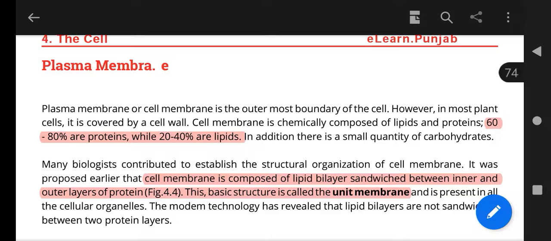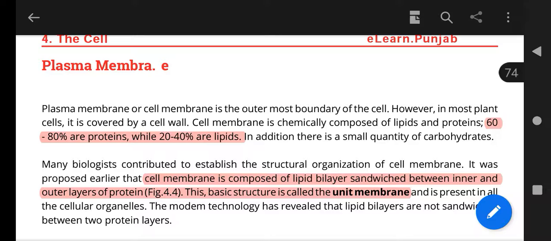If we see the sandwich, the innermost thing will be the lipid bilayer and the outer and the inner membrane will be the protein coats. Like you see, the innermost contains a lot of juicy material and semi viscous material, and the outer will be the bread, outer will be bread and inner will be bread.